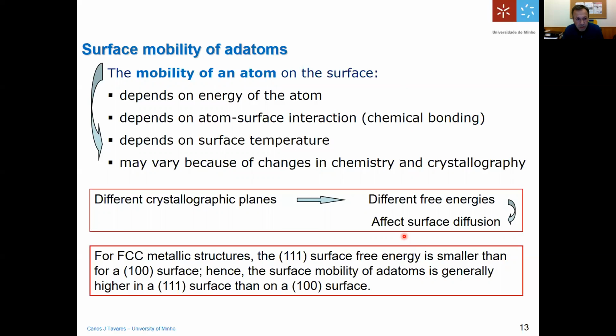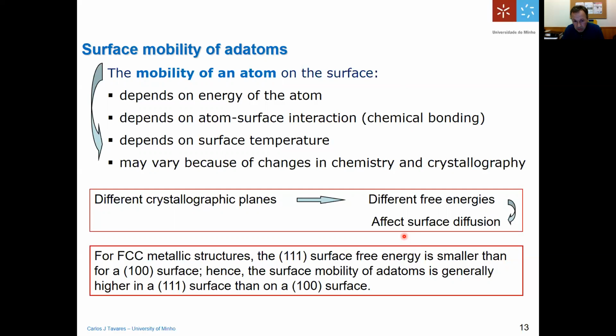But let's focus on the FCC metals. For the FCC metallic structures, the (hkl) planes, where hkl are the Miller indices, the 111 surface has a free energy which is smaller than the 100 surface, okay?